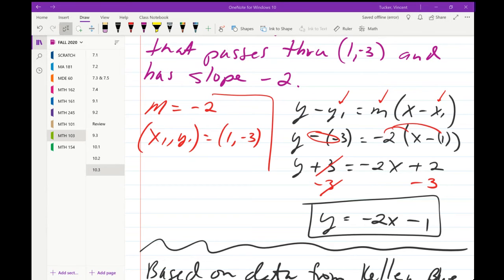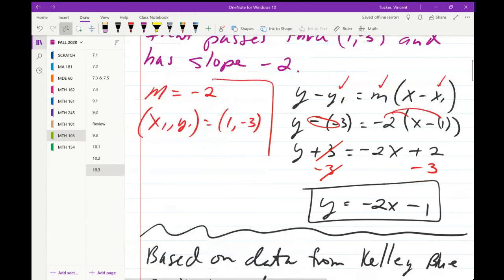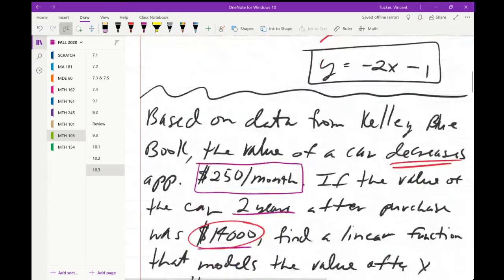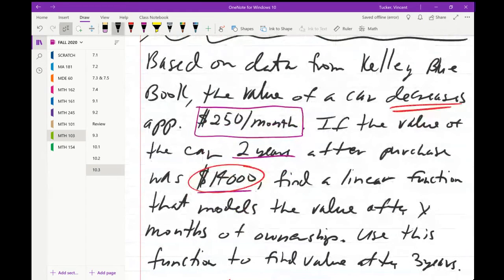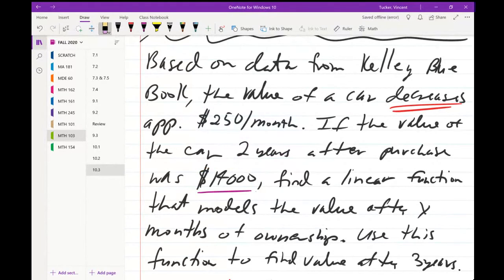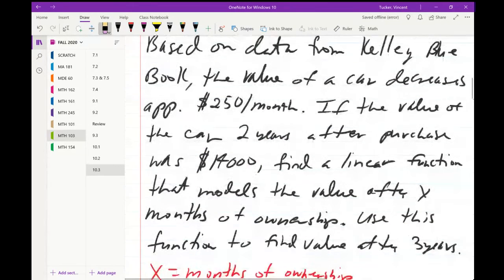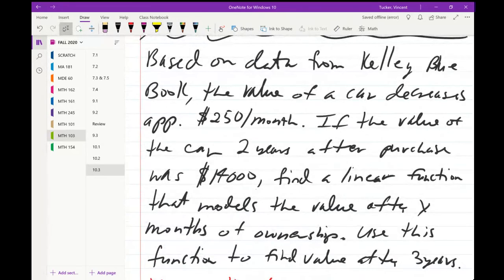All right, for the next one, we have the same type of scenario, but it's in a word problem form. All right, so based on data from Kelley Blue Book, the value of a car decreases approximately $250 a month.